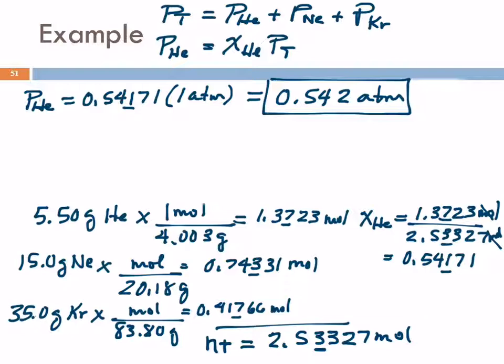Okay, so here's my moles of neon. So the mole fraction of neon, coming down here, is moles of neon, 0.74331, divided by 2.53327.